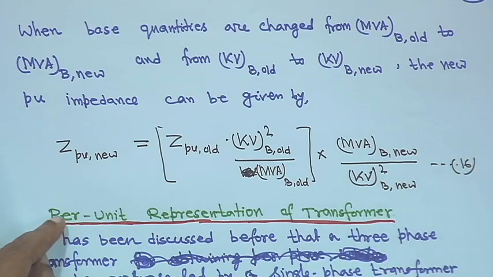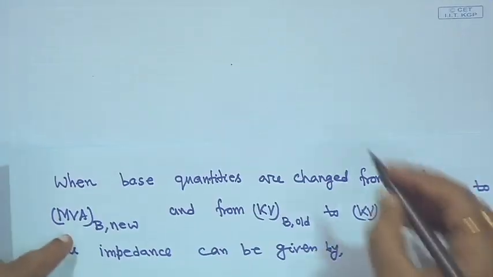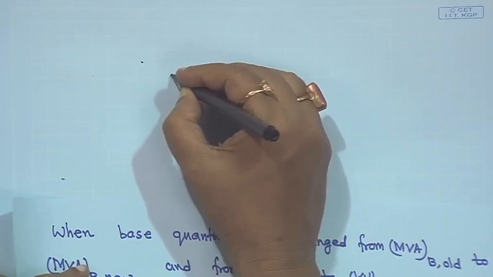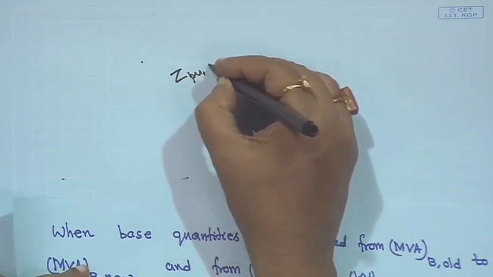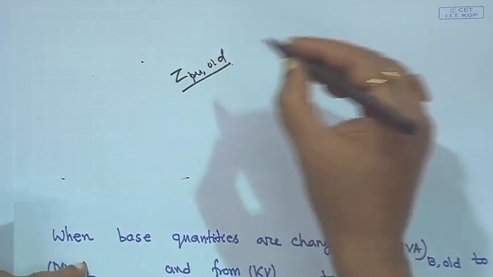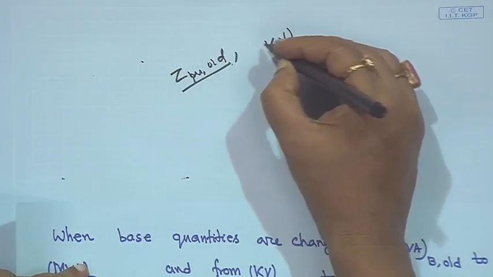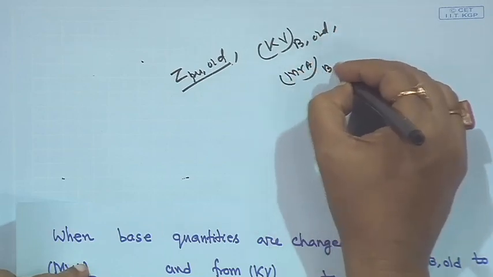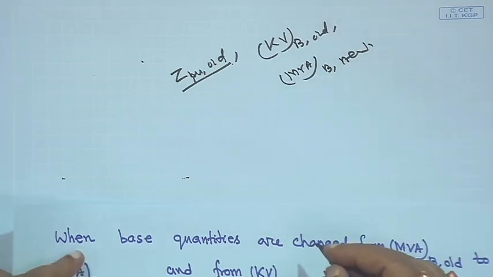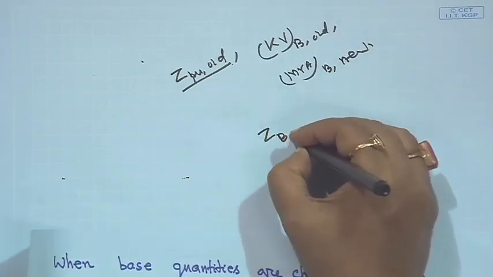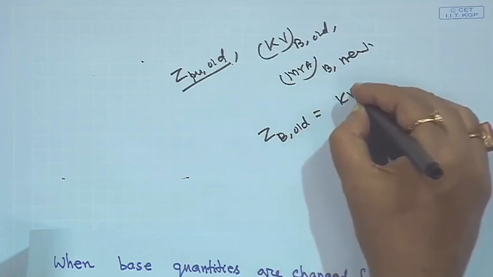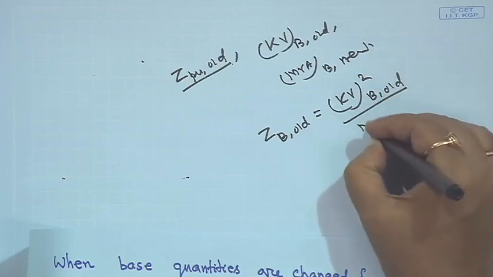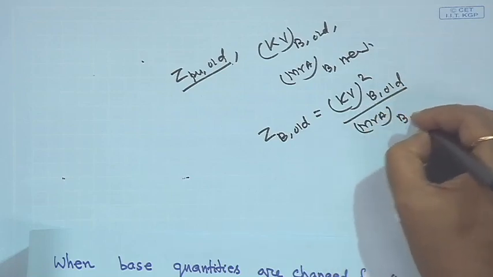This is equation 16. That means, for example, suppose you have per unit impedance or reactance or resistance whatsoever. Suppose this is your Z per unit old, the old value, and this value is on its base, that is KV base old and MVA base old, right. Therefore, this Z base old is equal to KV base square old divided by MVA base old, right.